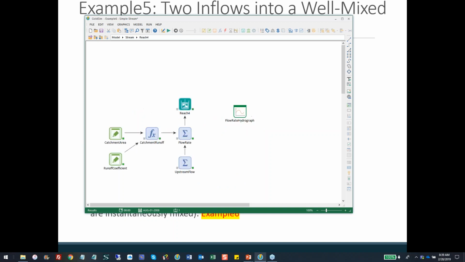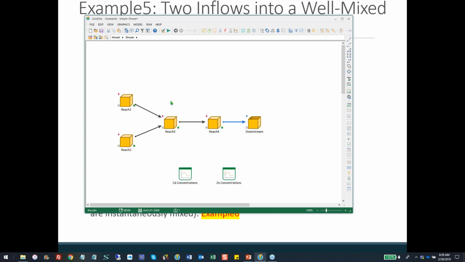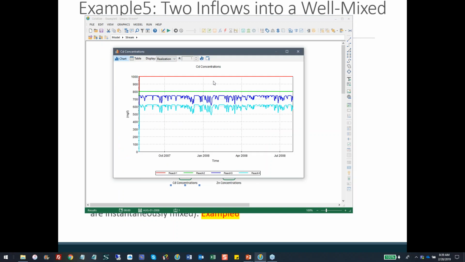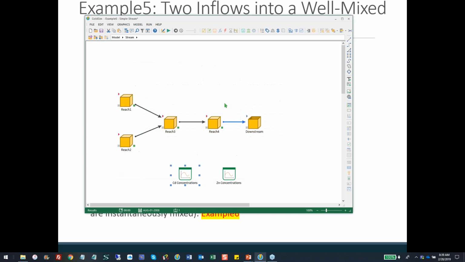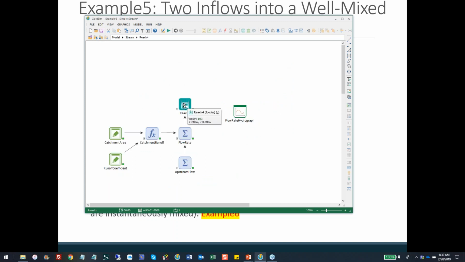Same thing here at reach 4. There's some runoff, and obviously, what I didn't add here is there would also be some base flow, perhaps, into these reaches. So the bottom line is we're moving downstream, and we're just diluting the thing as it goes through. And what these mixing cells are representing for us is the concentration at the end of the reach, which is what we really care about.